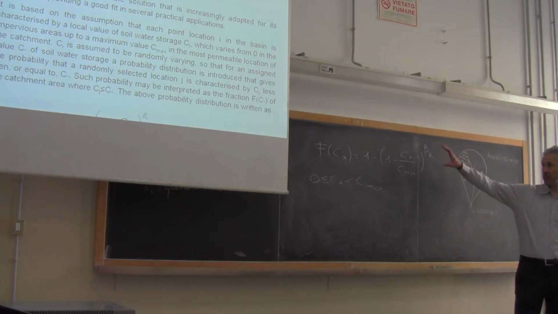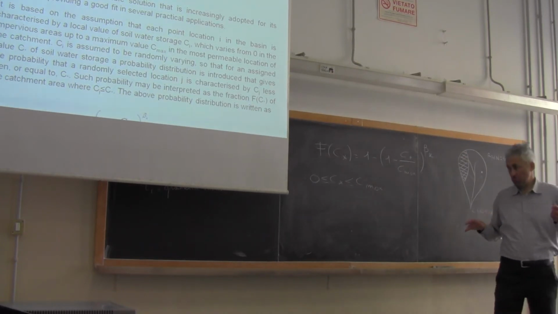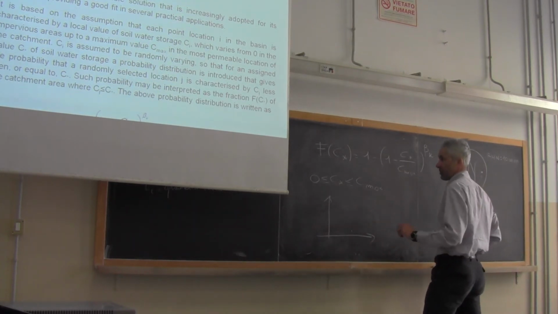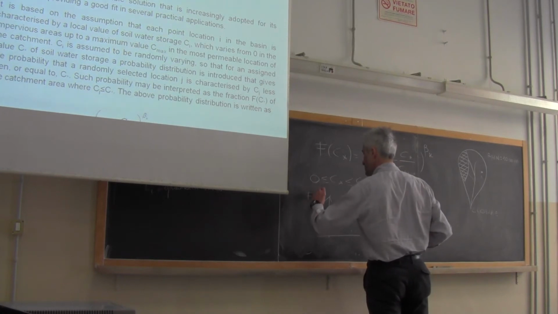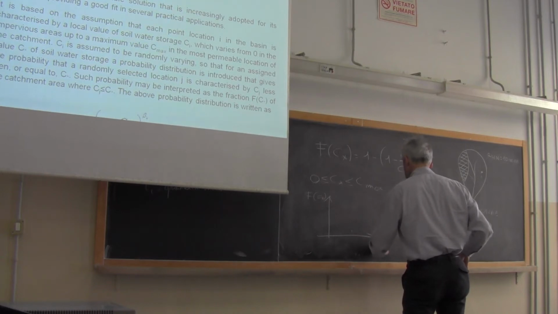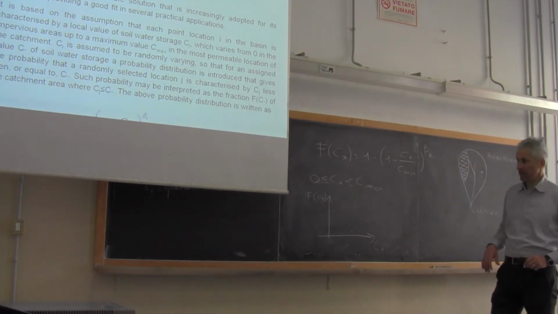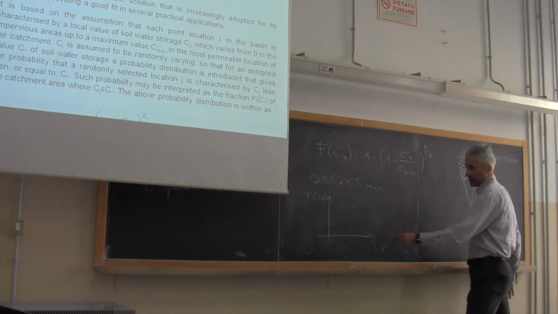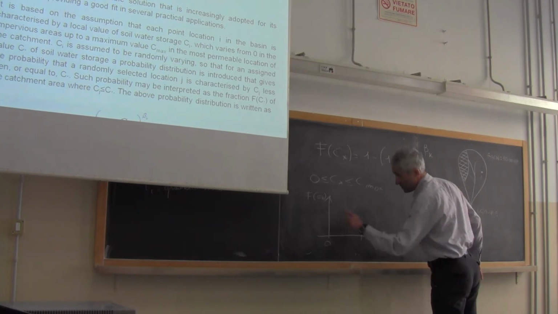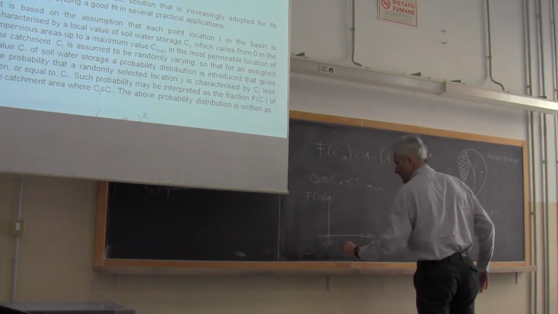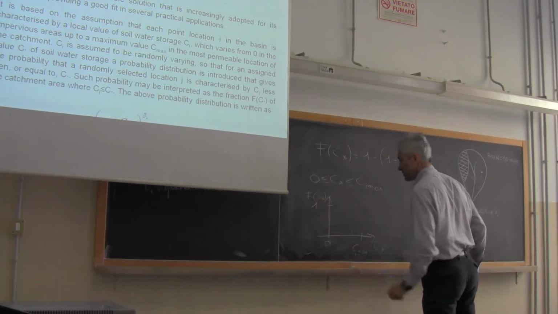So let's see what happens. First of all, let me draw a graph of Fc star depending on C star. I want to draw it here, and of course C star is varying between 0 and, it's written there, C max, and Fc star is varying between 0 and 1.